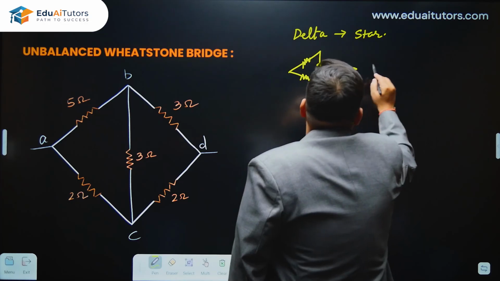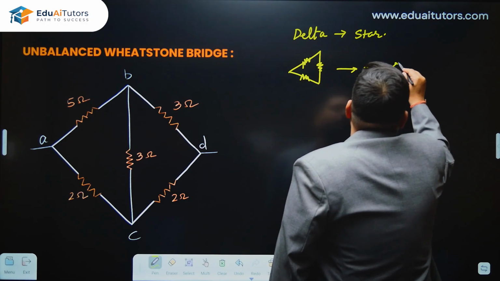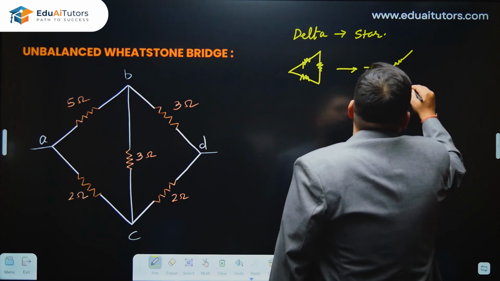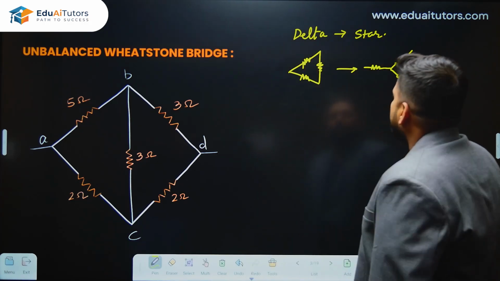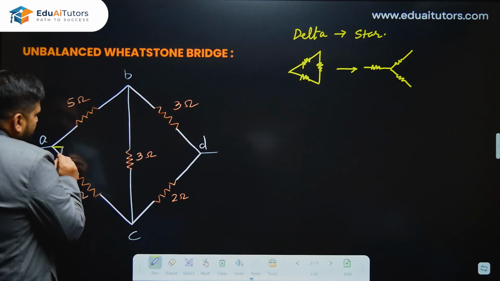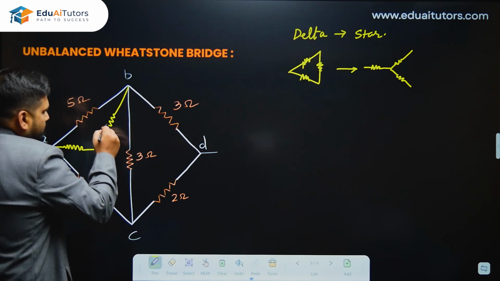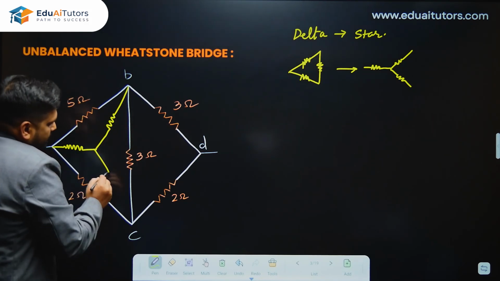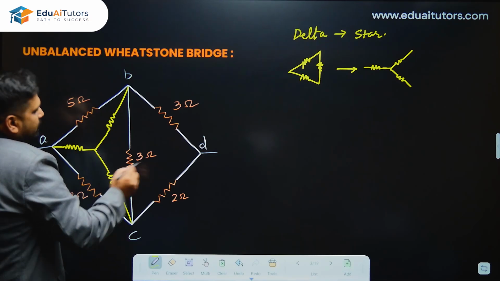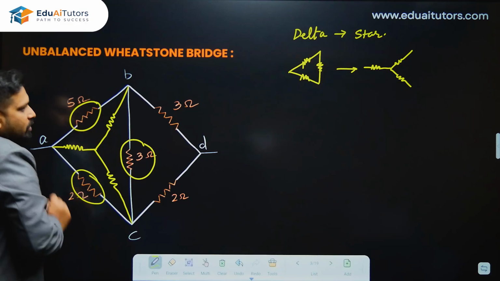And I'm going to convert this into this form, where there will be one resistance at this point, then one here and one here. And in that way, we can remove this part and this part. All right.